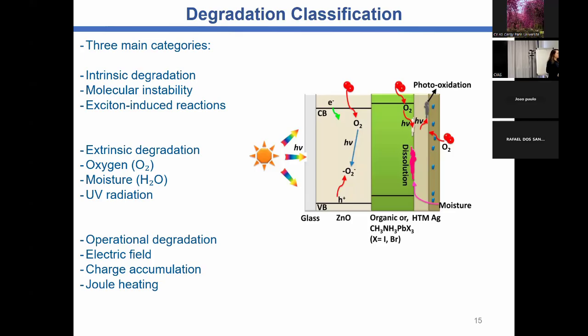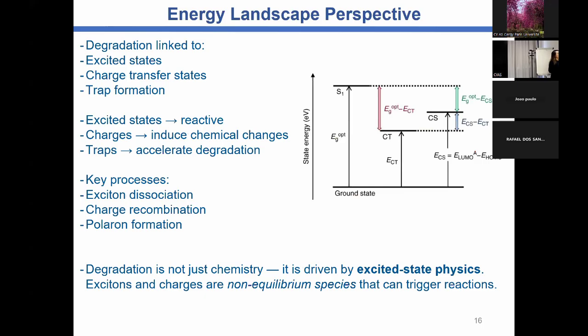So there is charge accumulation and also Joule heating because of the contacts with the converter or the batteries that we use, or the contacts between the cells themselves.